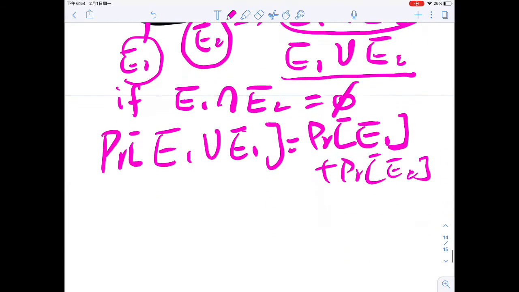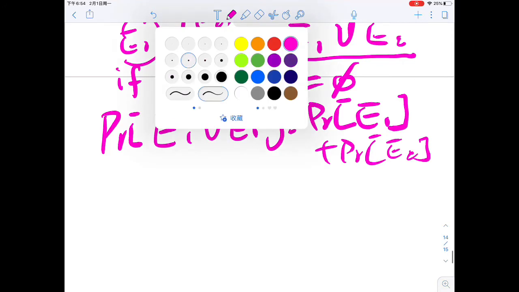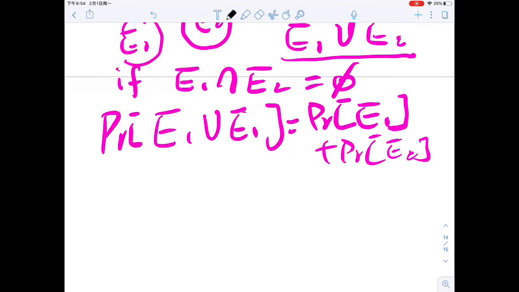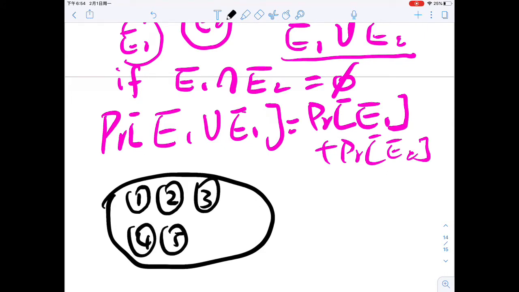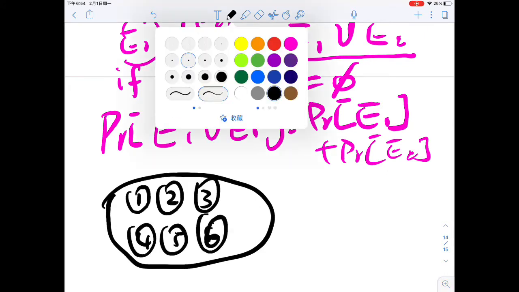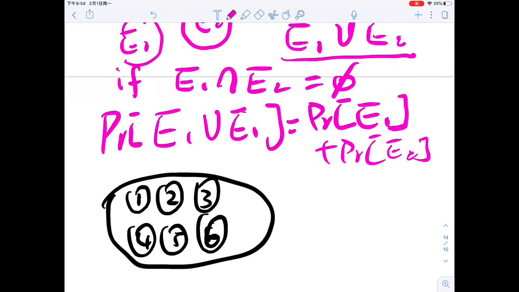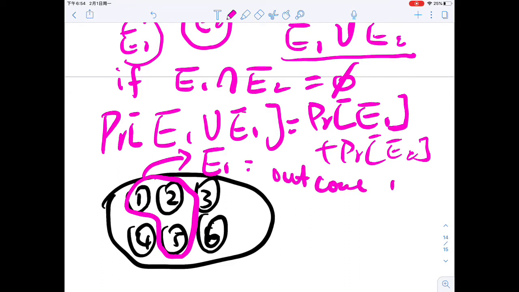This is quite intuitive. Let's go back to the dice example we have been talking about. We have 6 elements, 1, 2, 3, 4, 5, 6. Let's say the first event, event 1, basically means that the outcome is one of 1, 2, and 5.